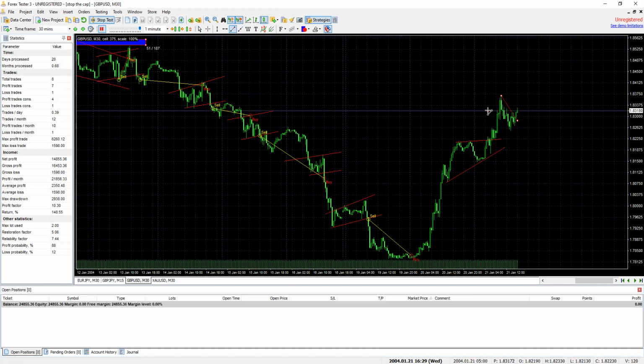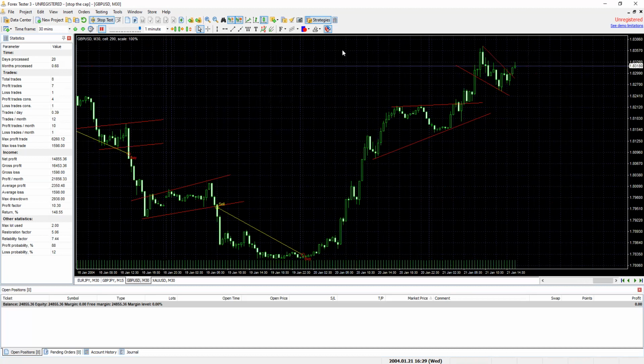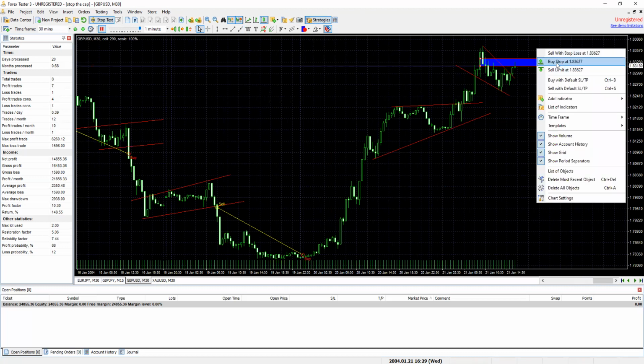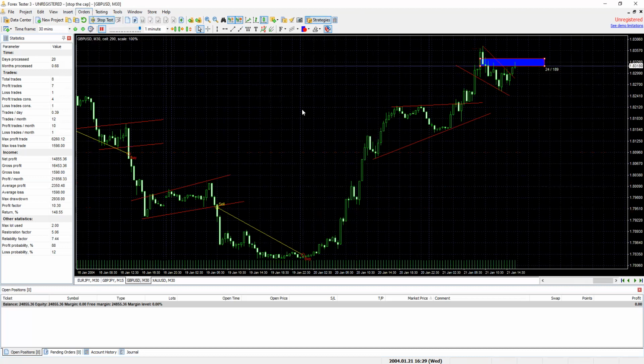So let's see. And let me zoom in. Right, we have this level as a higher high. So if price breaks, and I think price has already broken it, let me just use a market order, for example.